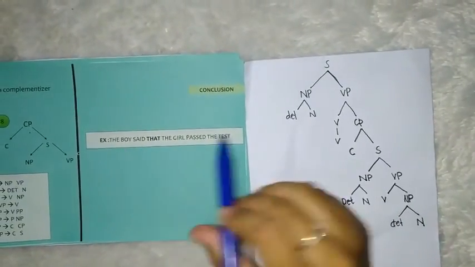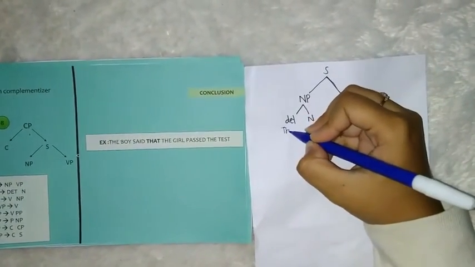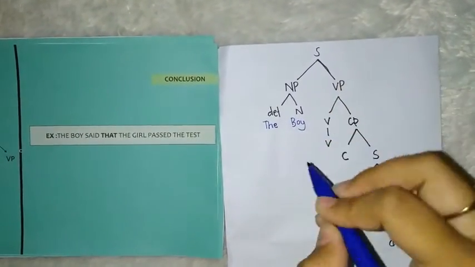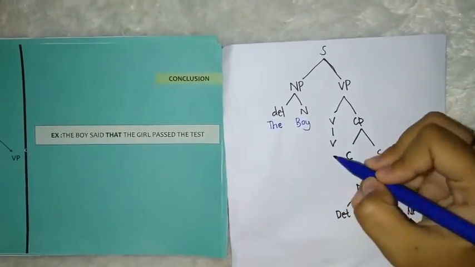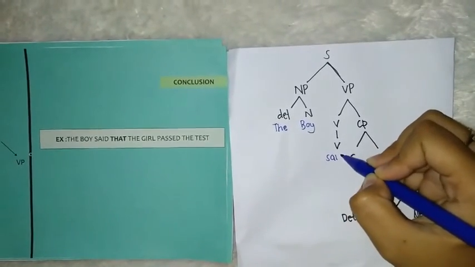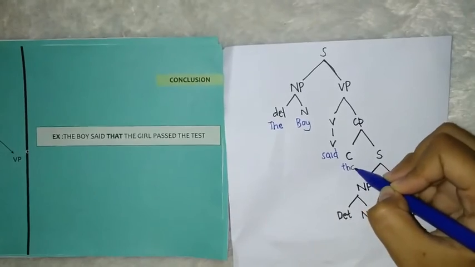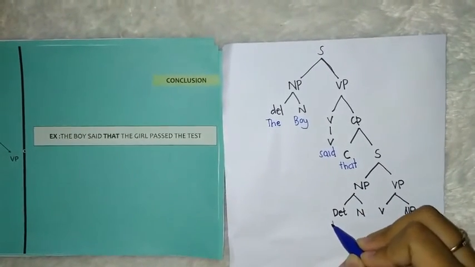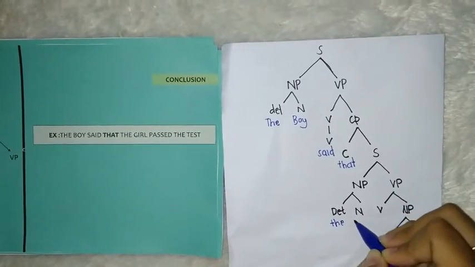Determiner first, the. Noun, boy. The verb stand alone is said. Complementizer in here is that. And the determiner in here is the. Noun, girl.